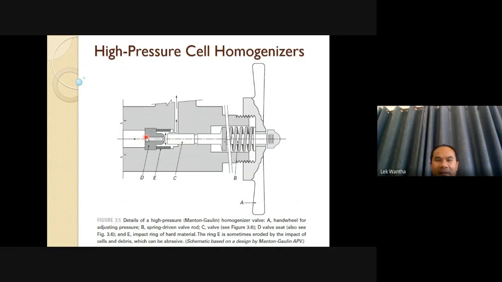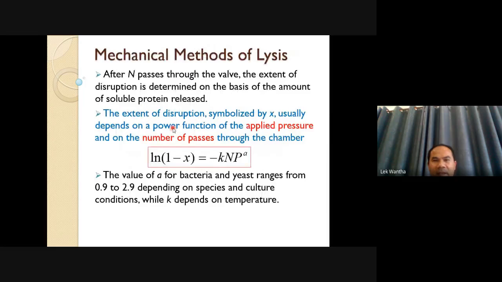The rate of cell disruption depends on the cycle. Then you can express the amount of cell released. That's why we call X the extent of disruption, which is the amount broken or the amount of substance released. It usually depends on the pressure applied to the homogenizer, and also on the cycle or the N pass.